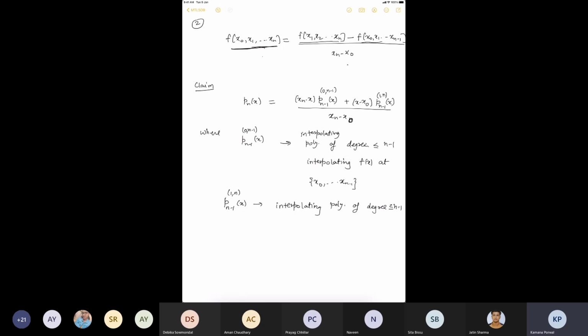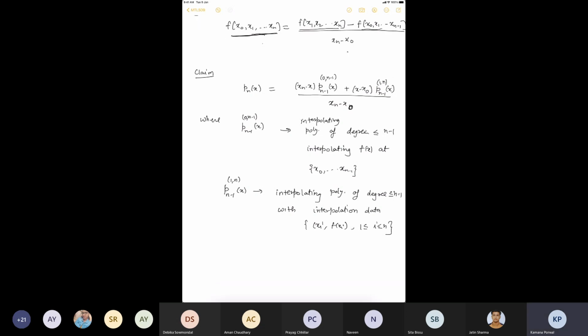We are going to have the interpolation data as xi, f(xi), where i is ranging from 1 to n.